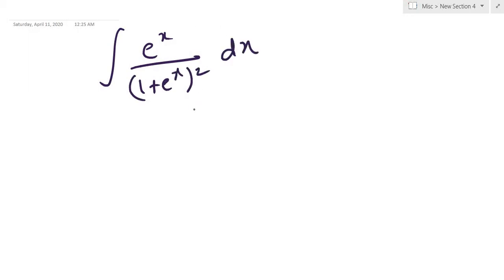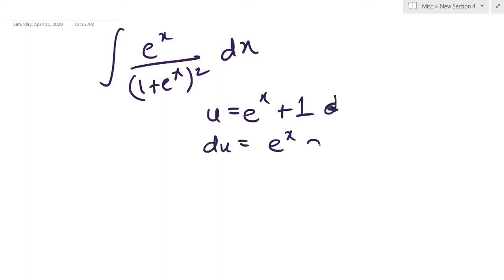So antiderivative of e raised to x over 1 plus e raised to x, the whole thing squared dx. You might have guessed we could do a u substitution. u is equal to e raised to x plus 1, and so du is therefore e raised to x dx. We have everything in place.